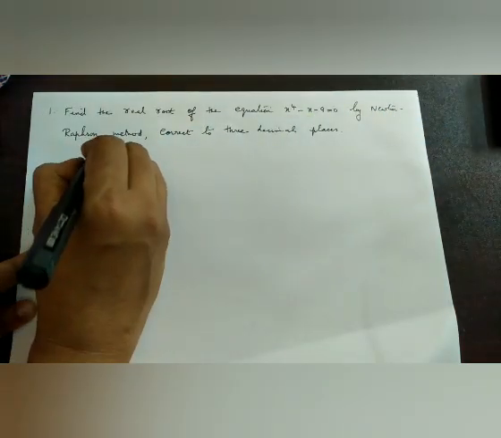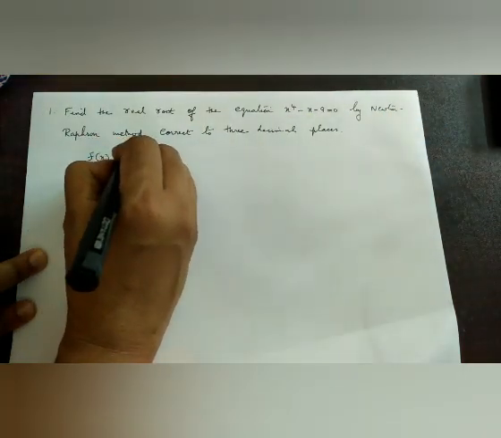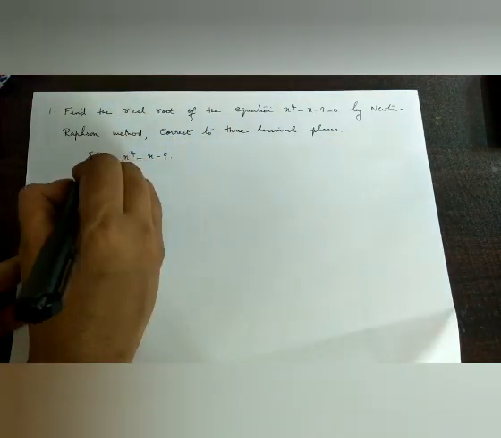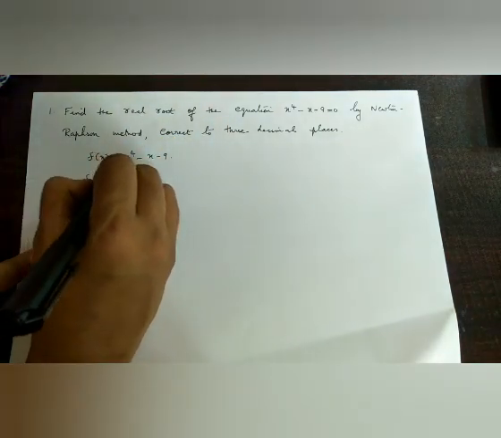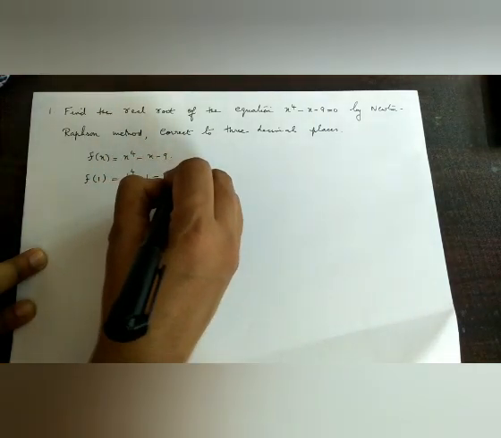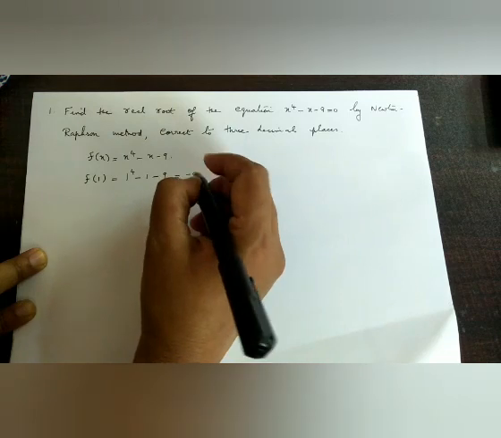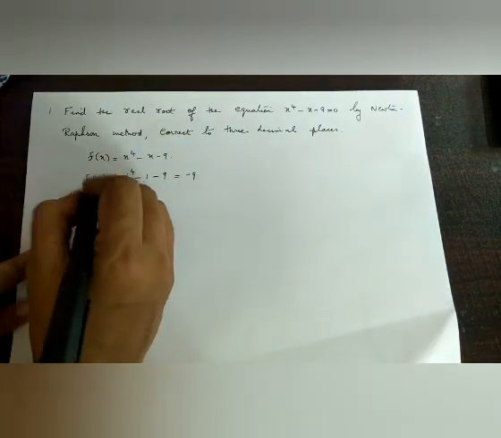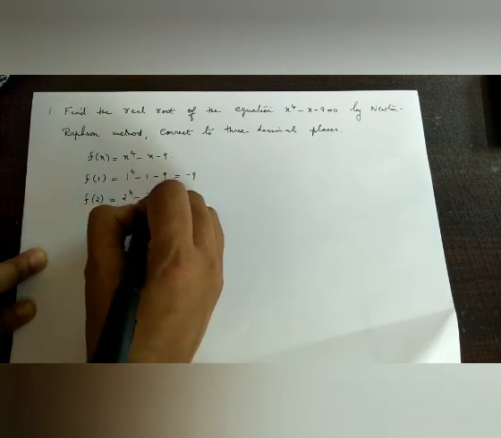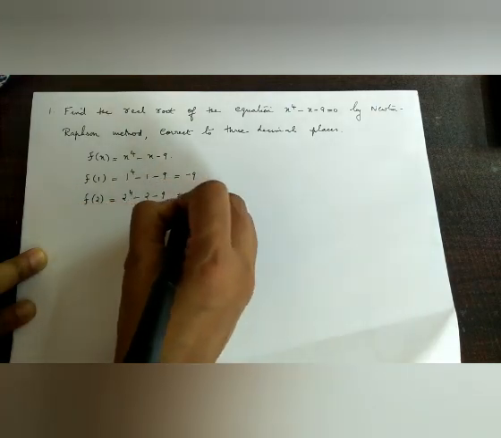First let f(x) = x^4 - x - 9. Put x = 1. Then we get f(1) = 1^4 - 1 - 9, which is equal to -9. And putting x = 2, we get 2^4 - 2 - 9, which is equal to 5.